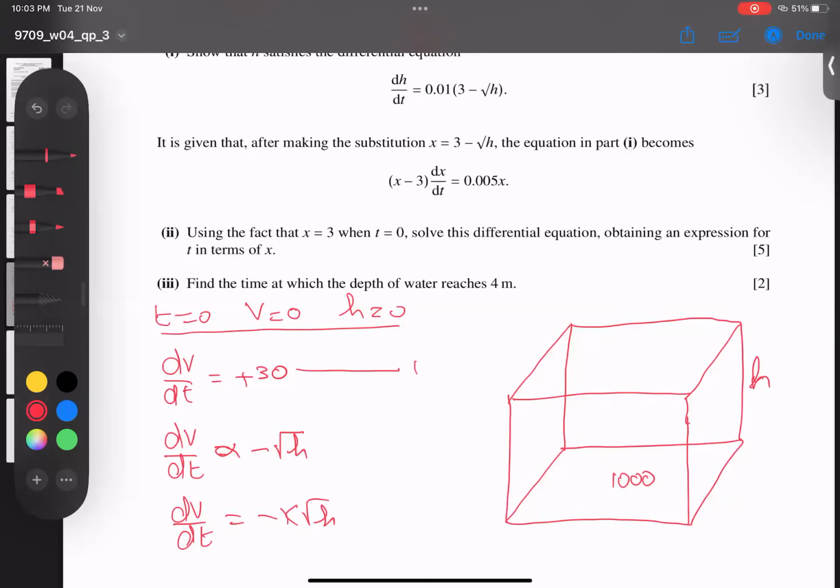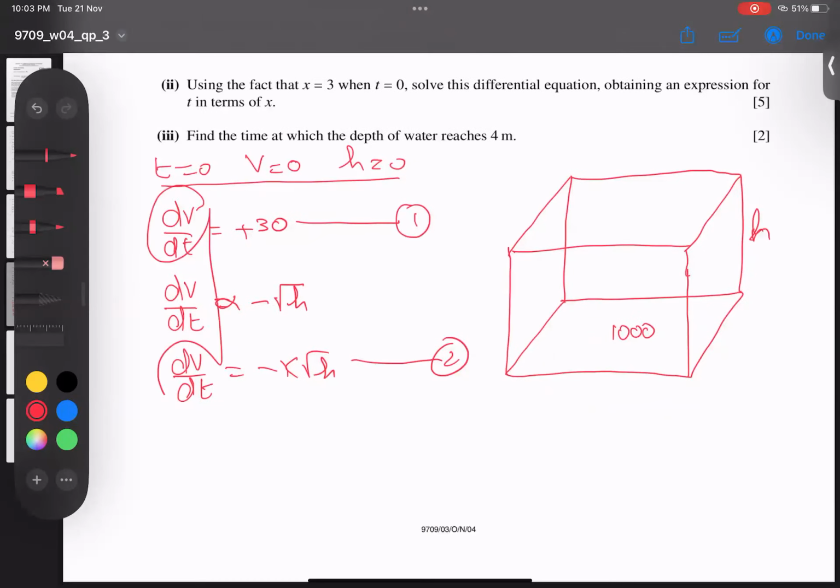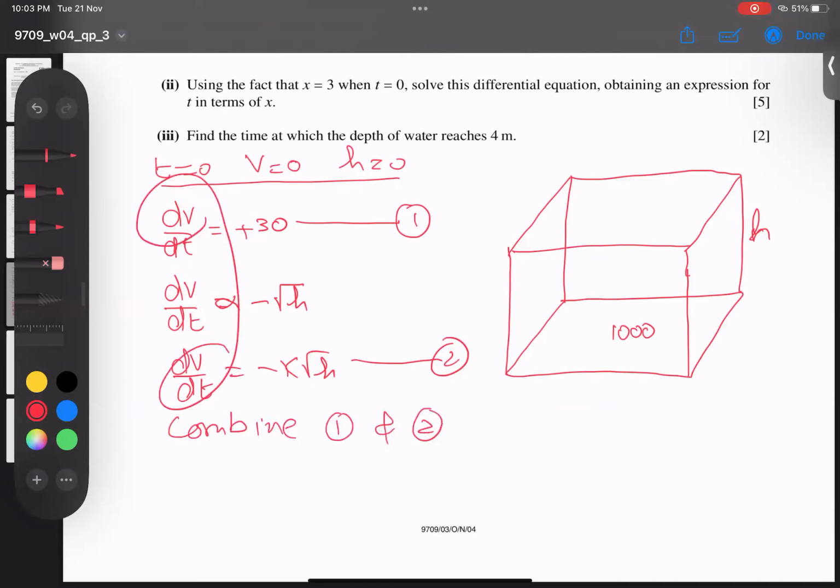So equation 1 and equation 2 can be combined, so the left sides match. So dV by dt is equal to 30 minus k root of h. How come this is positive and this negative? I hope this point is clear.